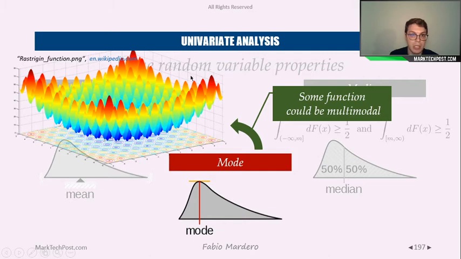But as you can see, since this function is multimodal, it has a lot of local minima. And the algorithm is good when, instead of getting trapped in a local minimum, it reaches the absolute minimum, which is the lowest value the function takes.